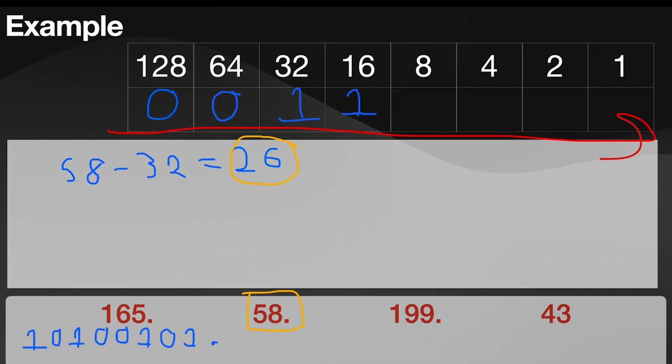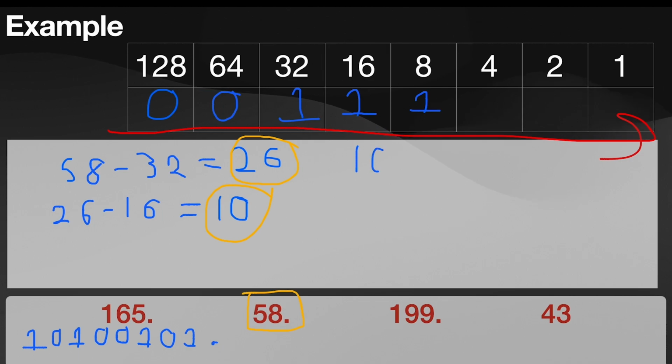Then we'll do 26 minus 16, which will give us 10. So then we'll take our 10. We need to find the first number less than or equal to 10, which is 8. So then we will do 10 minus 8, which gives us 2.